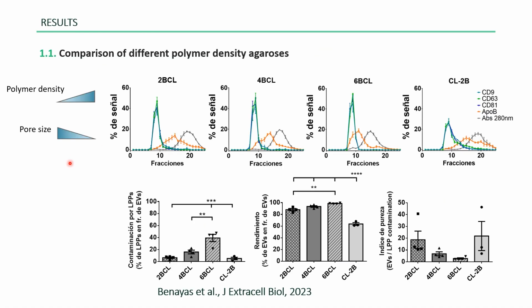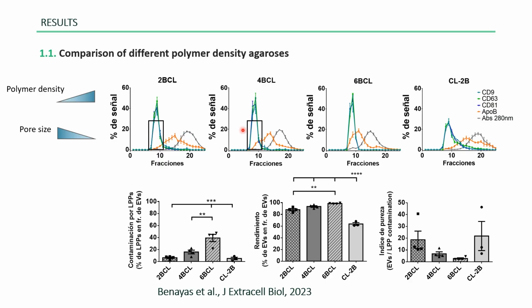Okay, so starting with polymer density, we analyze 2%, 4%, 6%, and 2% resin from a different vendor. And as you can see here, the 2% resin provides quite a clean extracellular vesicle. So the extracellular vesicle signal is the one in green and blue.